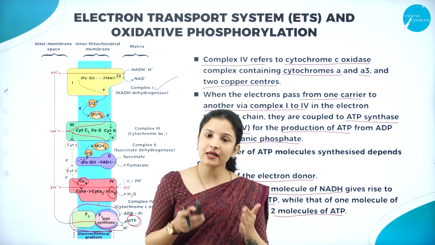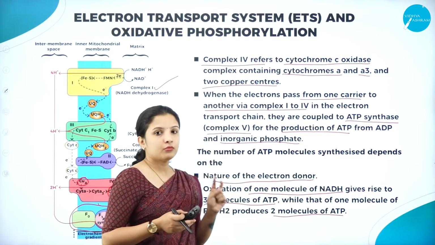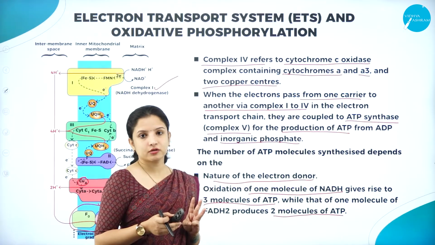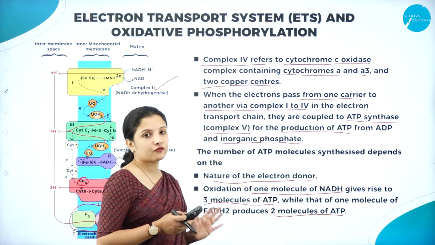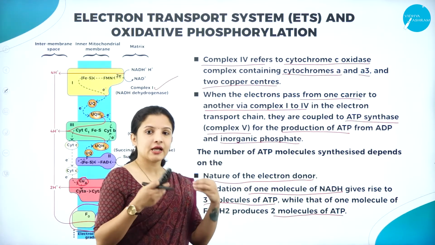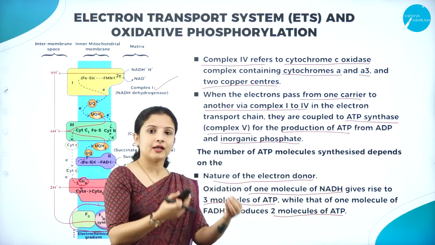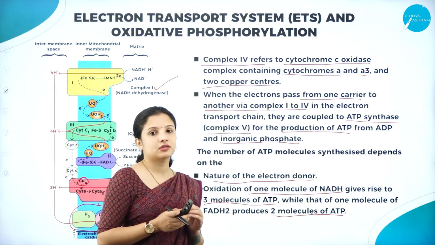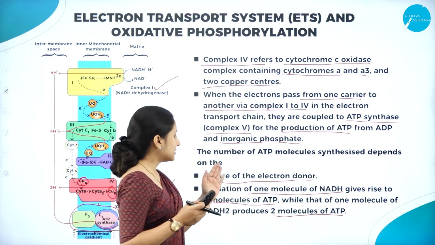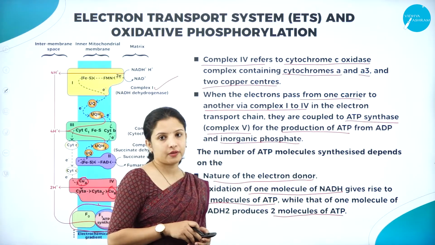So if NADH is the one that is donating the electrons, then for one molecule of NADH, 3 molecules of ATP will be produced at the end of the electron transport system. On the other hand, if FADH2 is the source giving the electrons for the electron transport system to take place, then at the end, 2 molecules of ATP will be produced.